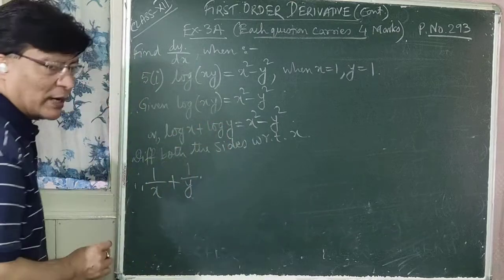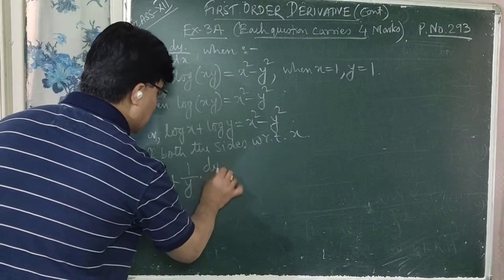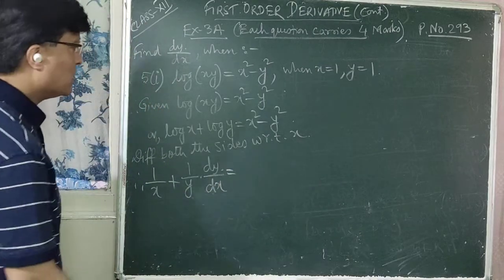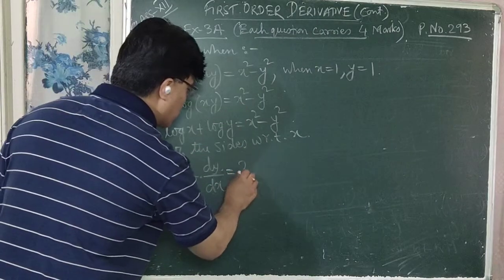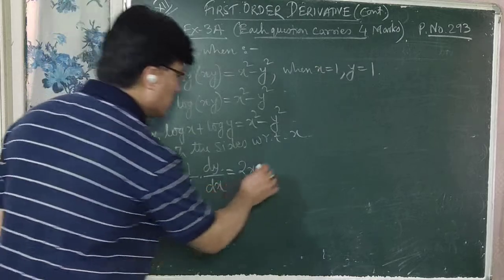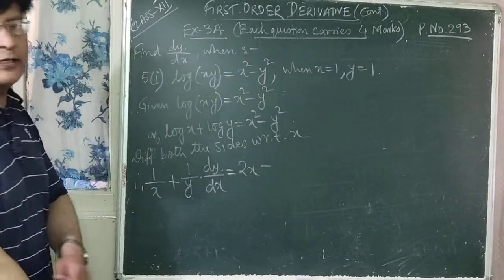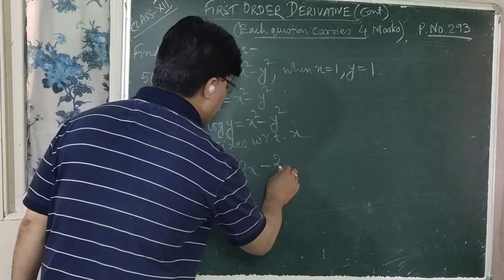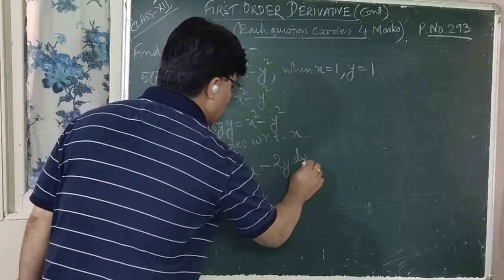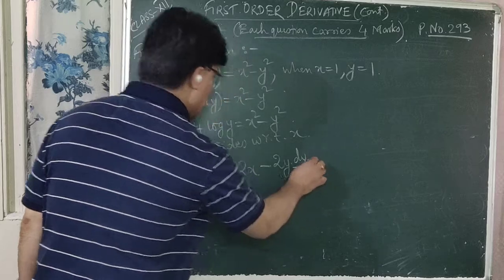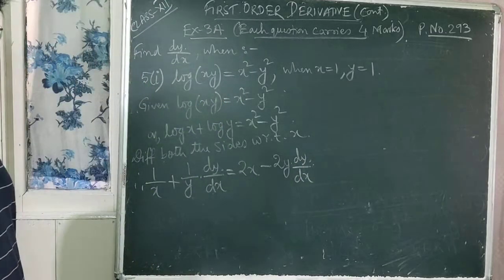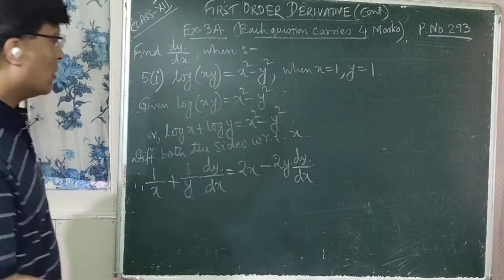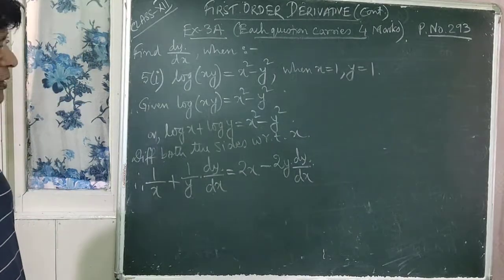Again you have to differentiate y with respect to x, that is dy by dx, is equal to, now what is the differentiation of x square with respect to x? It is 2x minus, what is the differentiation of y square with respect to x? First of all it is 2y. Again you have to differentiate y with respect to x. That is dy by dx.